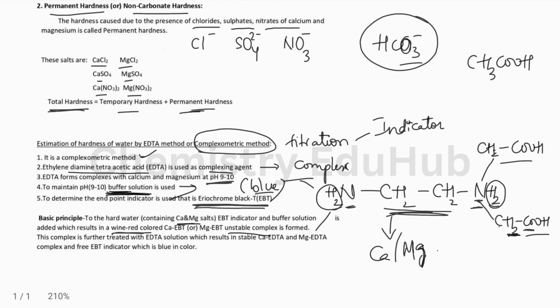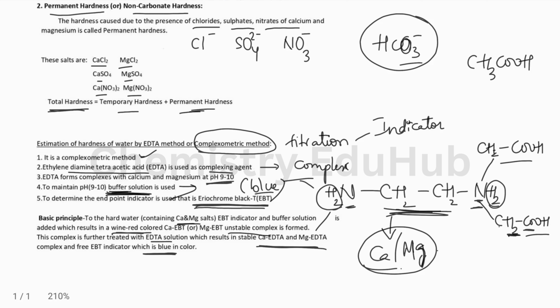Now that is treated with EDTA solution. Then we observe the calcium and magnesium ions will form a complex with EDTA. That results in the blue color again, and the water is now free from hardness. So this is the basic principle of this titration.